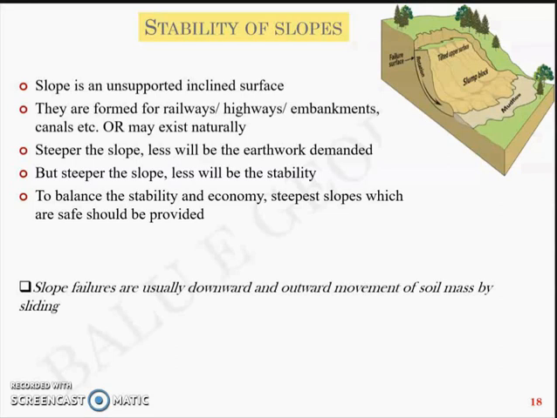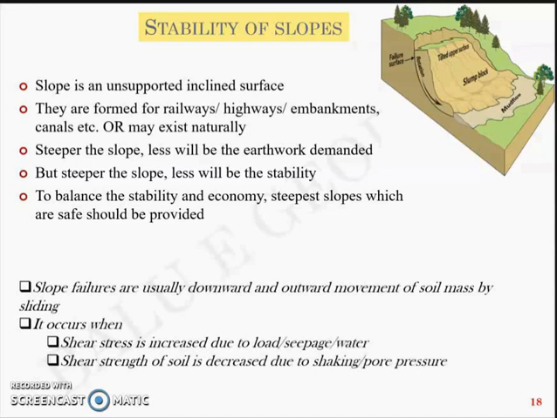Number 1, the shear stress induced on the soil is increased, either due to water or load on the structures above it, etc. Case number 2 is the shear strength of the soil is decreased, either due to pore pressure or due to shaking of the land, right? So fundamentally 2 things. 1, the load on the slope increases. 2, the strength of the slope decreases.